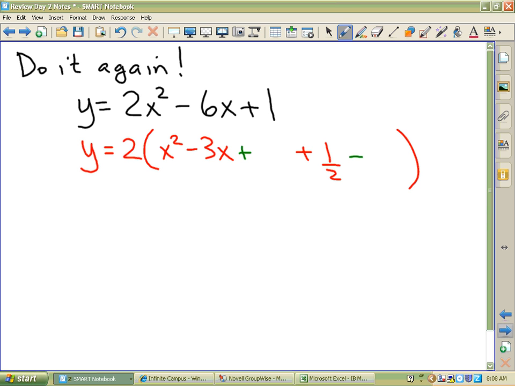The folks at home are now screaming at their computer screen. Half of 3. Half of 3 is 3 halves. Square it.